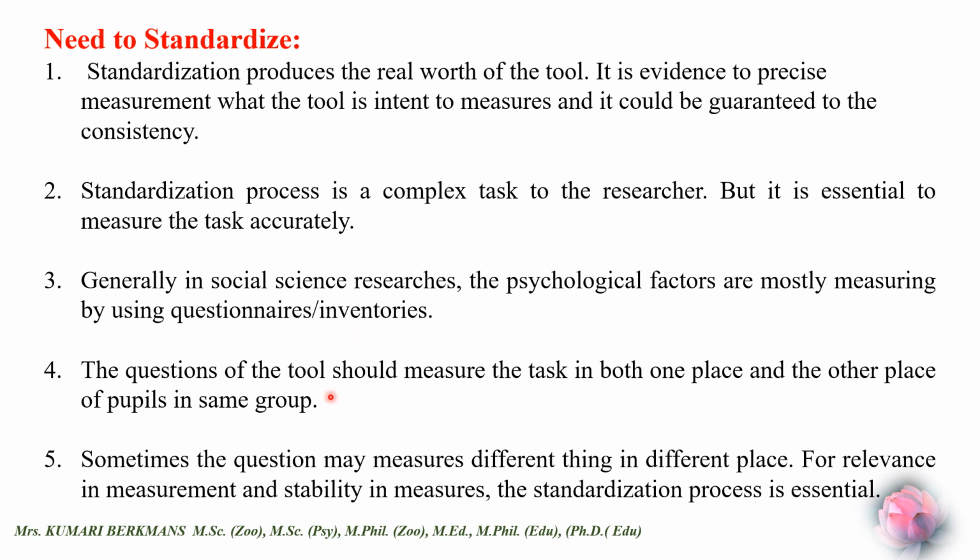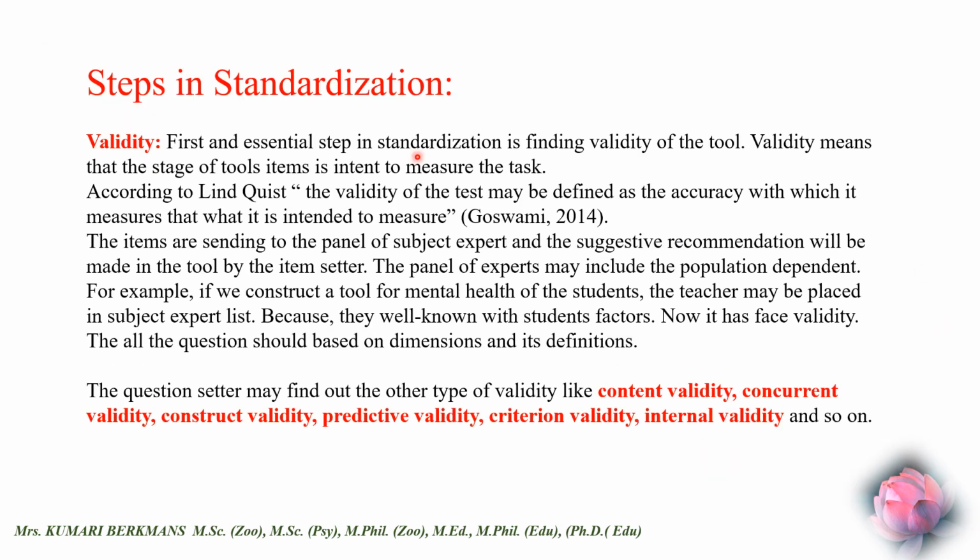The questions of the tool should measure the task in both one place and the other place of people in the same group. Sometimes the questions may measure different things in different places. For relevance in measurement and stability in measures, the standardization process is essential.